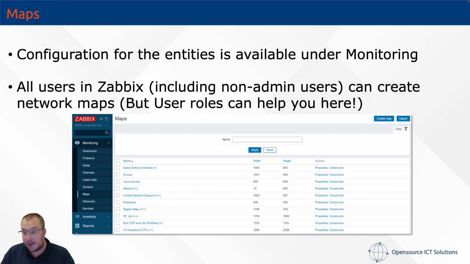And from there, we get a full list of the maps, depending on the permissions. By default, every user in Zabbix can create its own maps. However, we can fix that in the user roles. So that depends a little bit on the configuration.